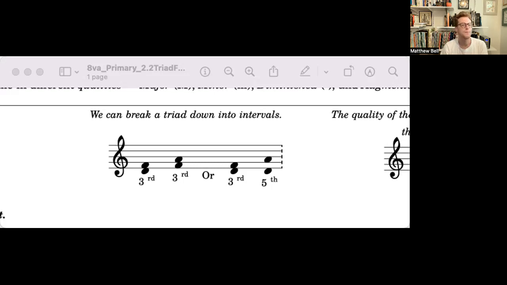In terms of now visualizing the keyboard to help assess quality, something that we can remember is there are going to be three semitones to make a minor third. So if we go up from D to F, it's actually D to D sharp to E, and E to F. So there are 3 semitones. We can remember the minor third as a triangle shape to remember those 3 semitones on the keyboard.